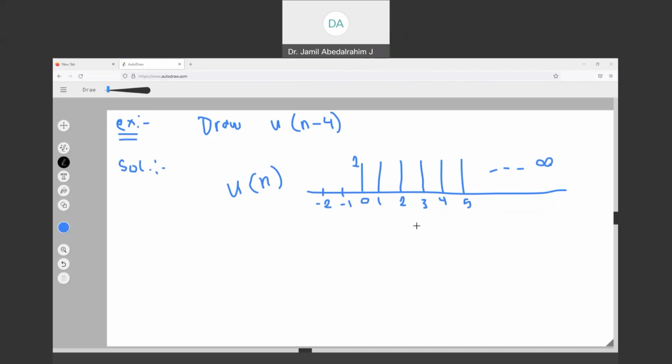Okay, so we start from 0. In u of n minus 4, the starting point will be from where? From plus 4. We have minus 4, so the start point will be from plus 4.